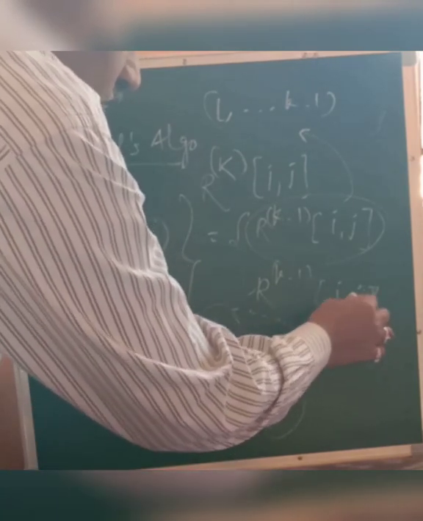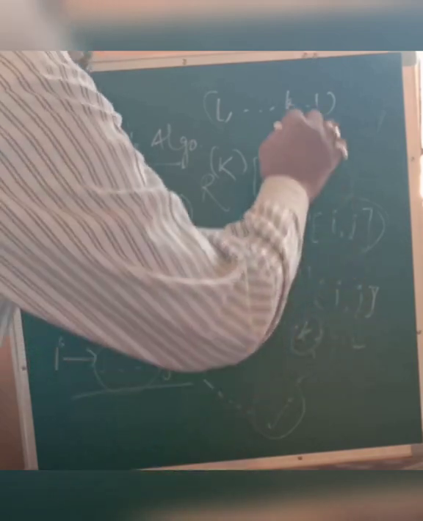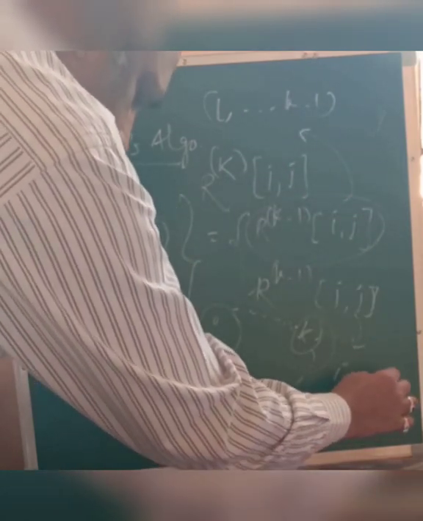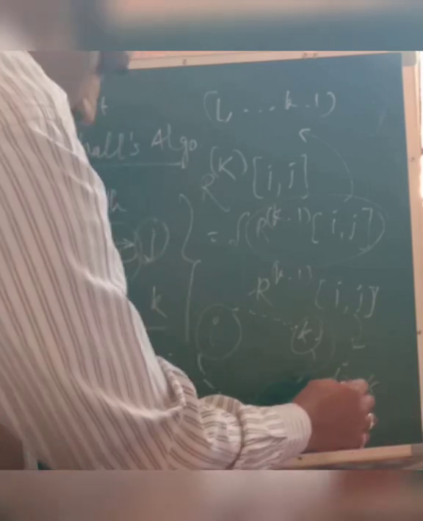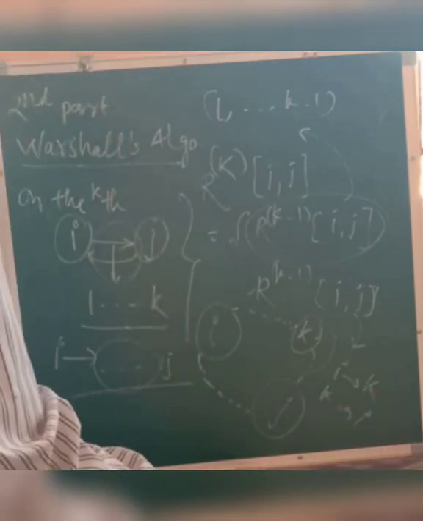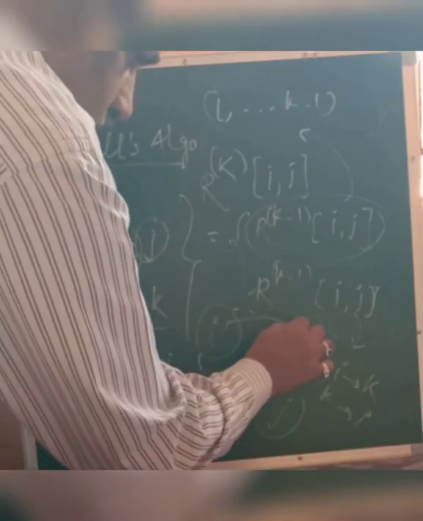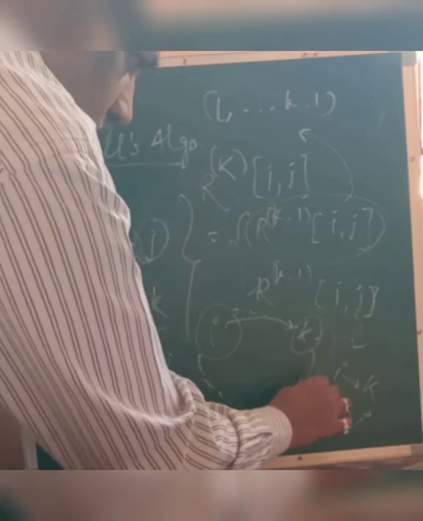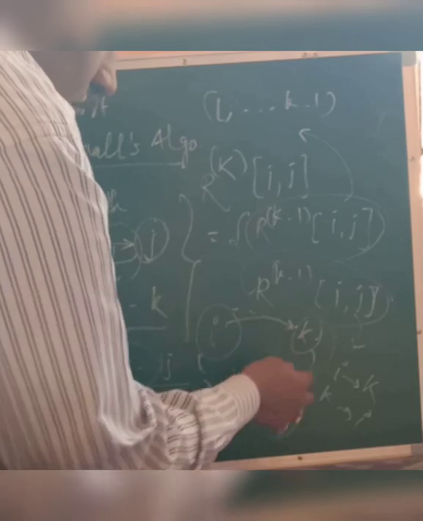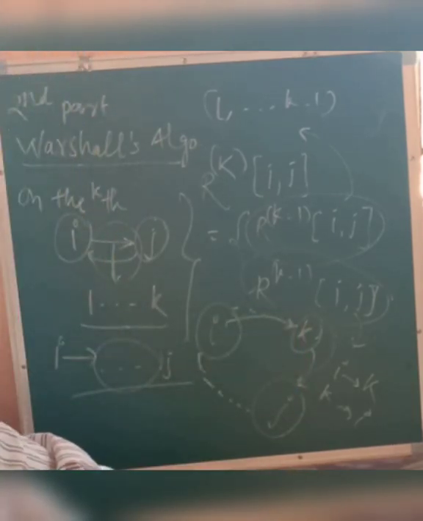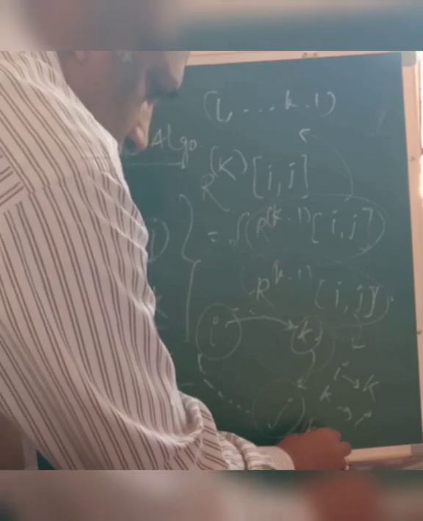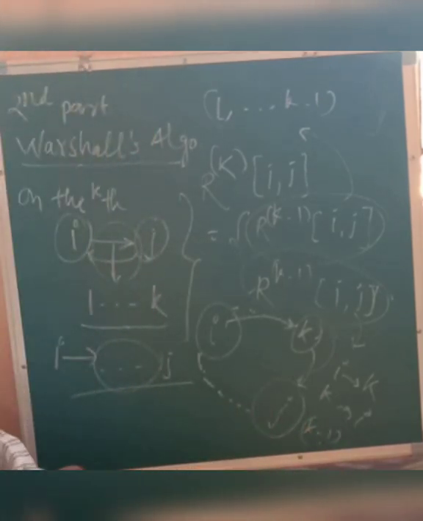This is going to include the path from I to k and then k to J, using the k minus 1 various paths which are available.